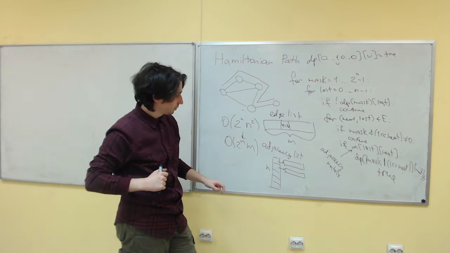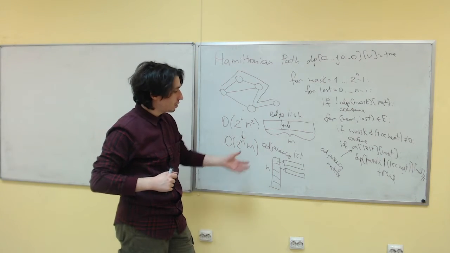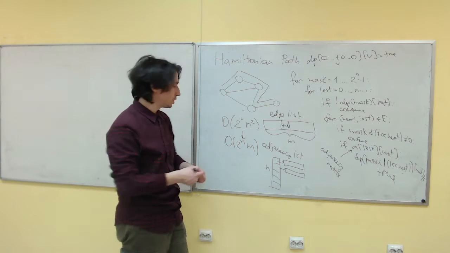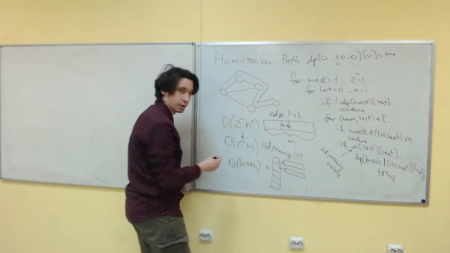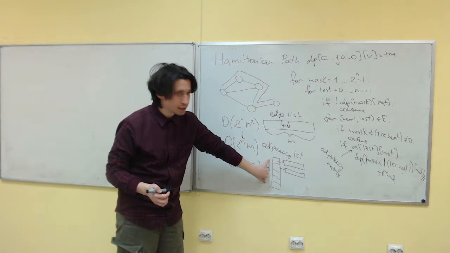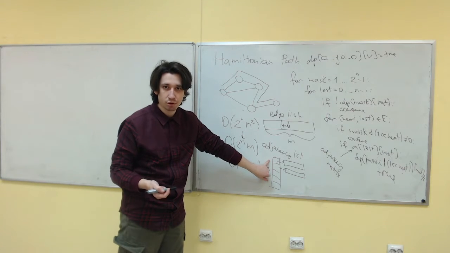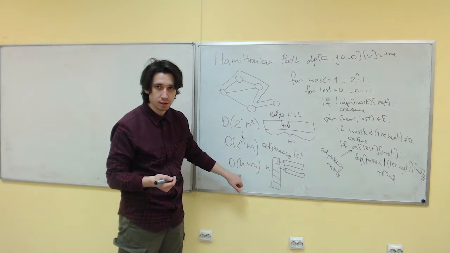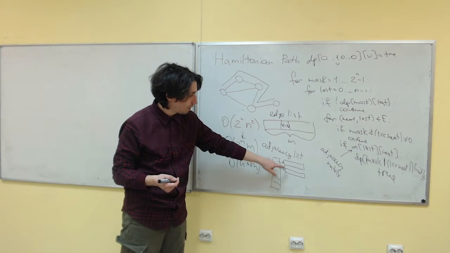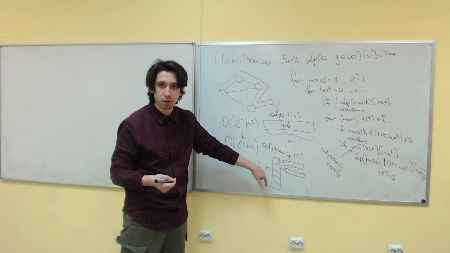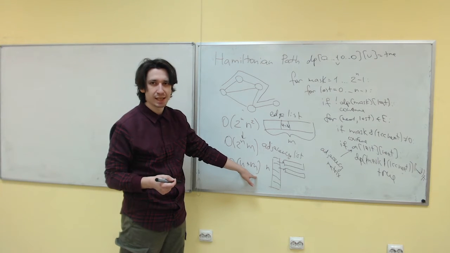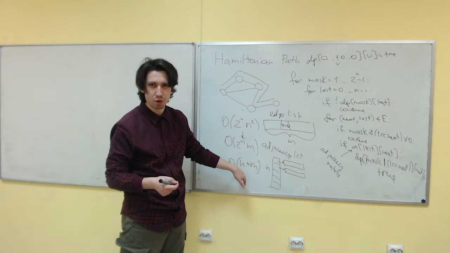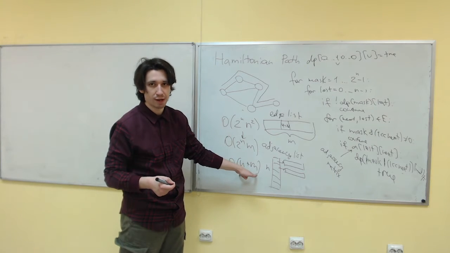It should be 2m. Yes. But we're talking about complexity, so more generally it will be O of n plus m in this case, because the array is exactly n, so you have to store at least n, and each edge is considered only once. That is why it is n plus m, because sometimes m can be smaller than n.